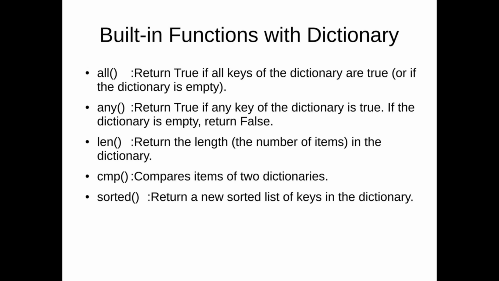Length returns the number of items in the dictionary. Compare compares items of two dictionaries, one dictionary against another. Sorted returns a new sorted list of the keys in the dictionary.